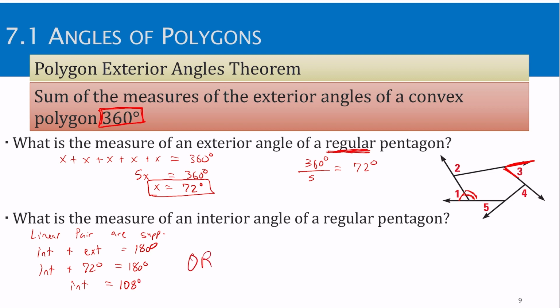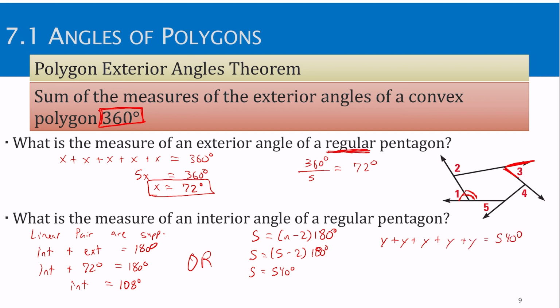Or you could use the interior sum theorem. n is 5 because it is a pentagon. So the sum is 540. But again, that's all the angles added together, but they're all the same.